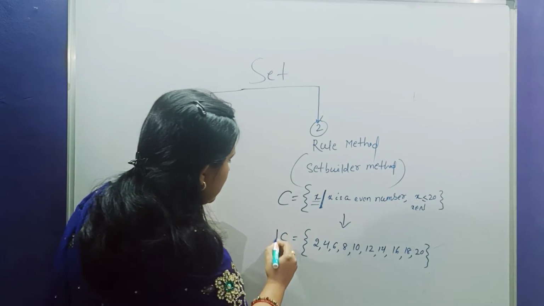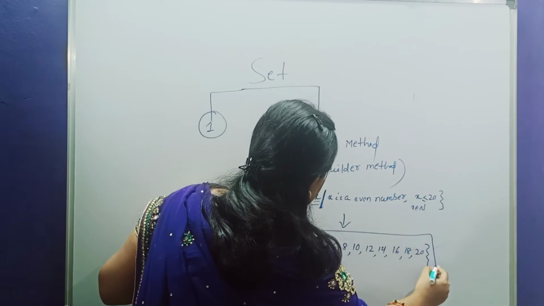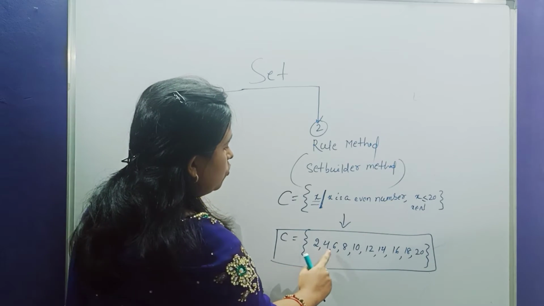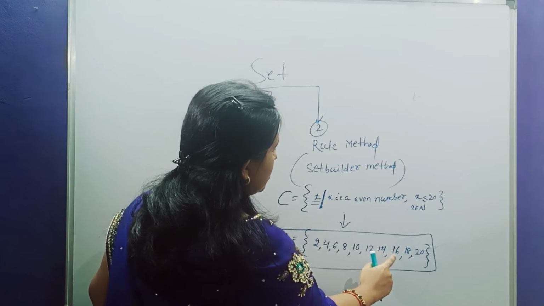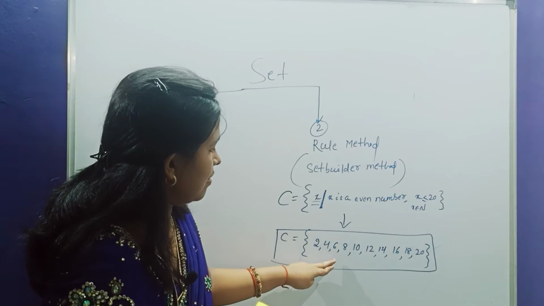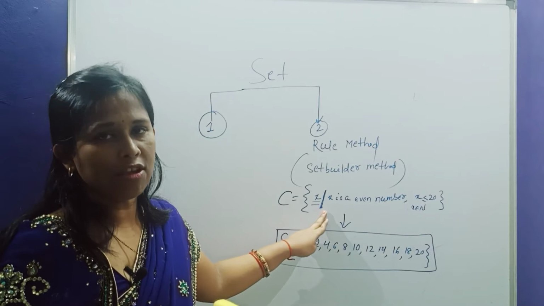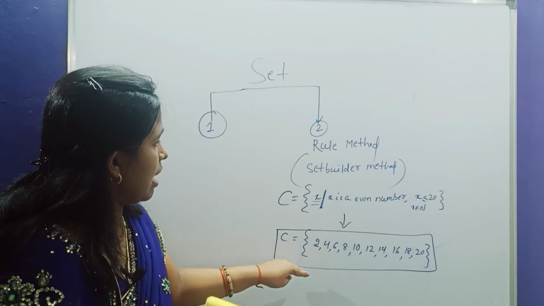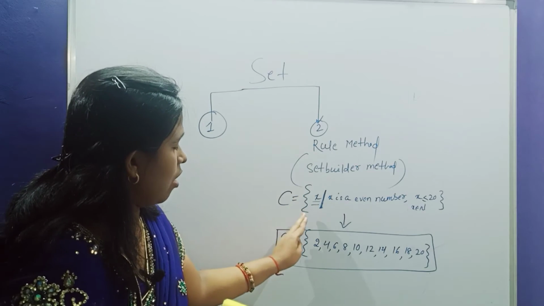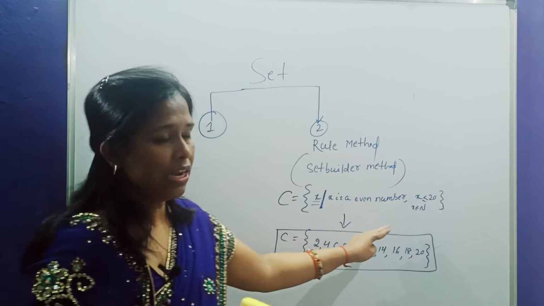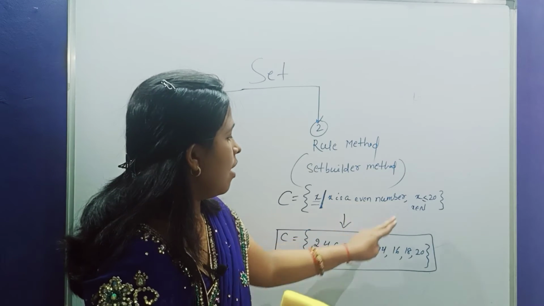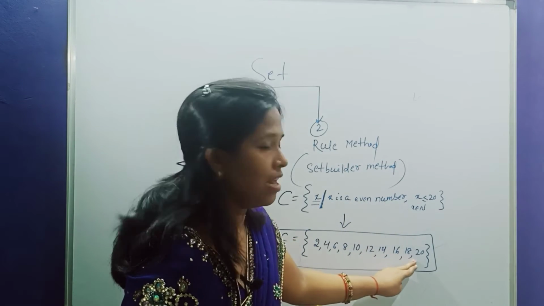If one question is in this form, suppose the question is this: C is a set having elements 2, 4, 6, 8, 10, 12, 14, 16, 18, 20. Then how can you write from this listing method to set builder method? Then you can write down the set C is equal to, you can always take a curly bracket to denote set, x such that x is an even number, because the numbers are even numbers.